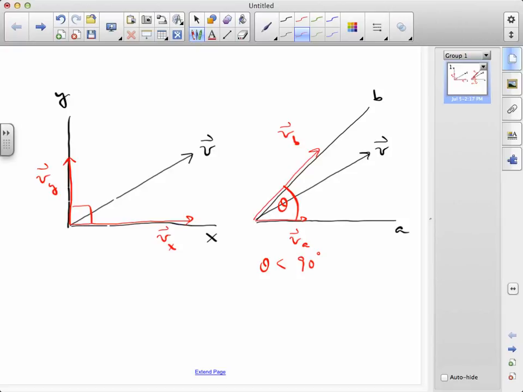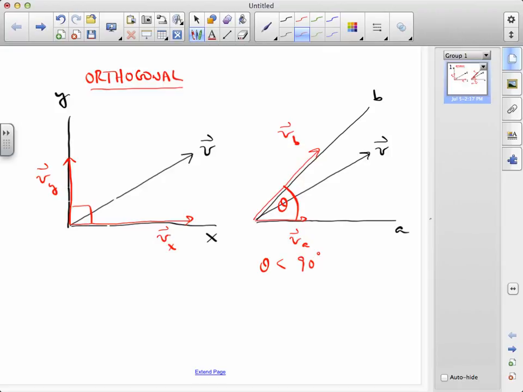An important part of orthogonal decomposition is recognizing the independence of these mutually perpendicular directions. In our orthogonal coordinate system, vector Vy has no component in x, nor does Vx have any component in y.